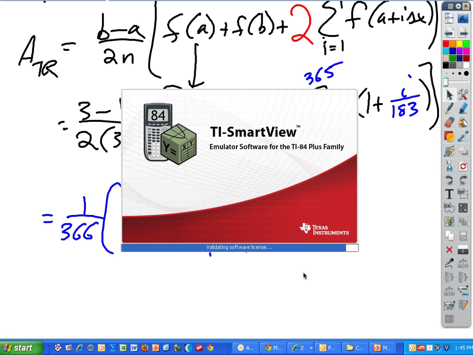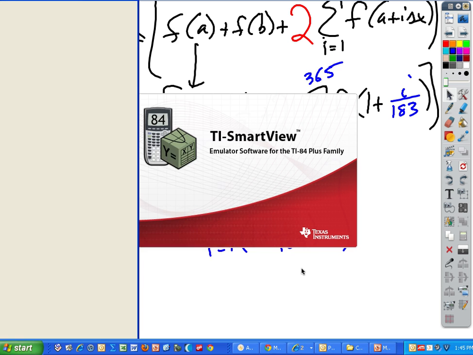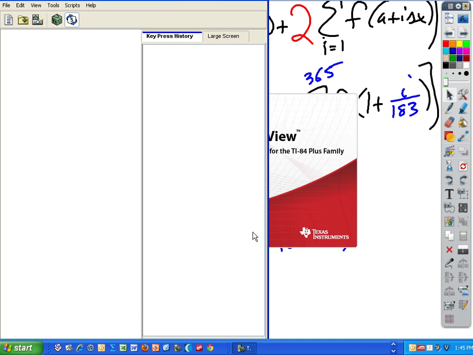And then we can actually ask the calculator to give us a really good approximation, and we'll verify that we got within our tolerance.